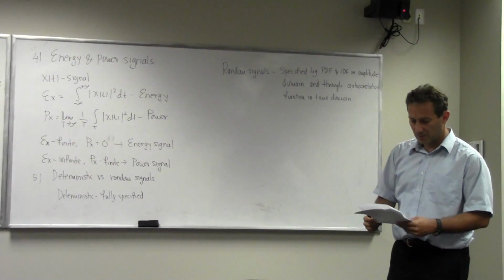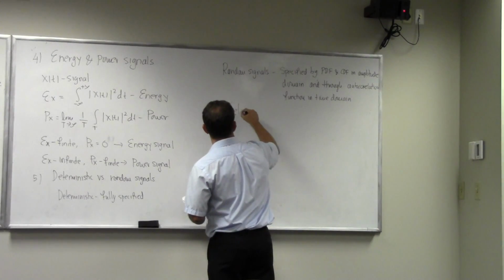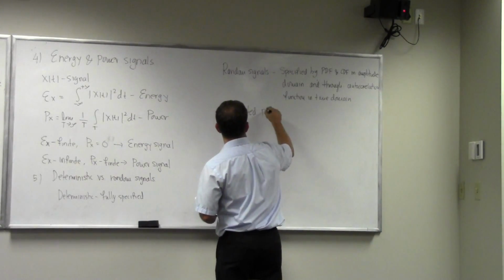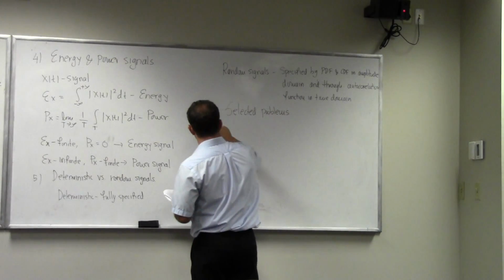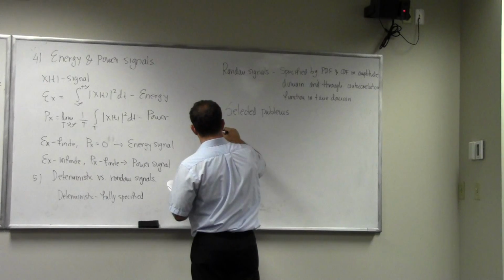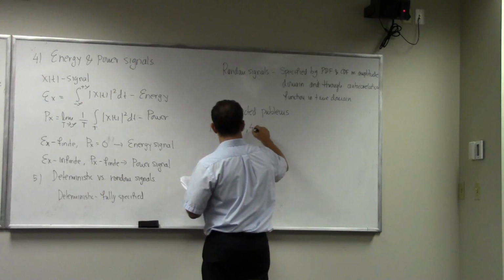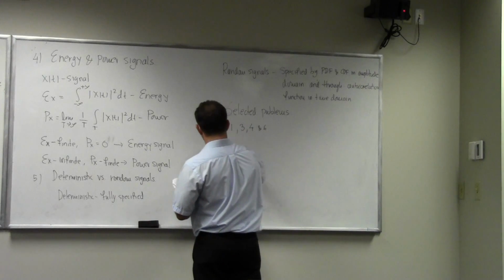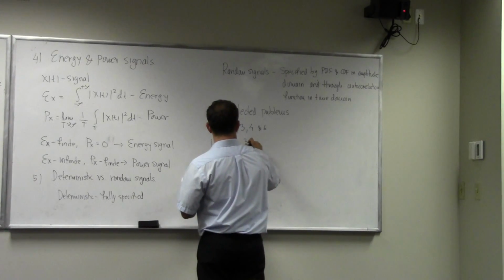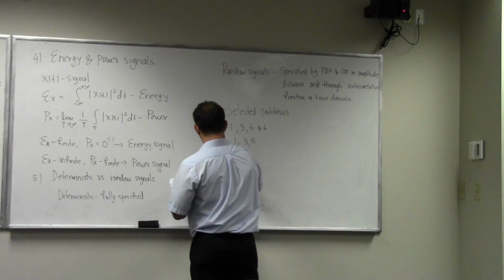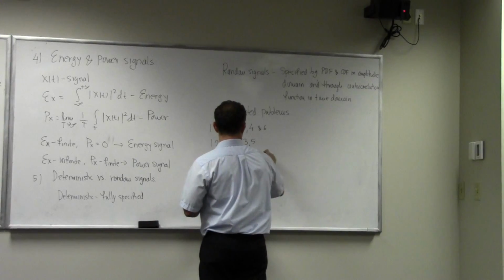And let me give you some selected problems for this section. So it's 1.1 dash 1, 3, 4, and 6, 1.2 dash 1, 3, and 5, and 1.3 dash 1, 3, 5, and 6.